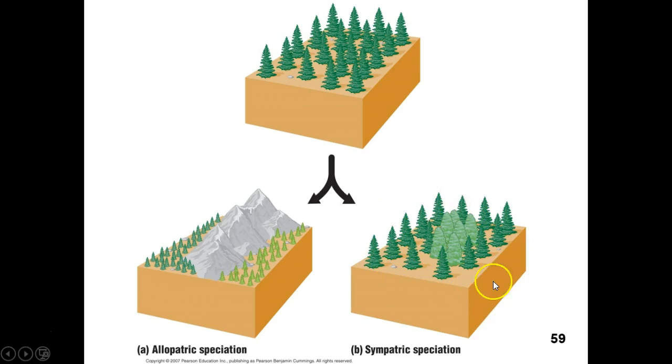Here we have sympatric speciation, where typically you start with one tree that has mutated and no longer can reproduce with others, and so instead fertilizes its own cells, producing new offspring from itself, forming a new species.